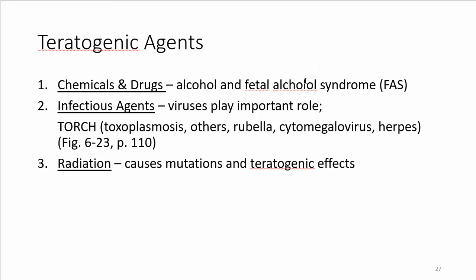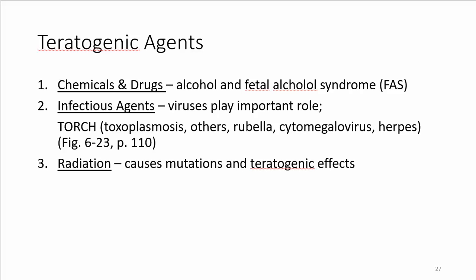Sorry about the spelling for fetal alcohol here. That's getting a lot of press. Women that drink during pregnancy, smoking cigarettes becomes a big thing. So these are teratogenic agents that fall into this category.